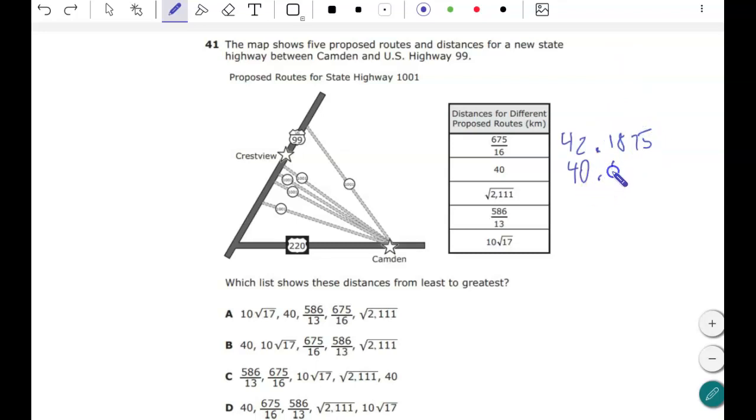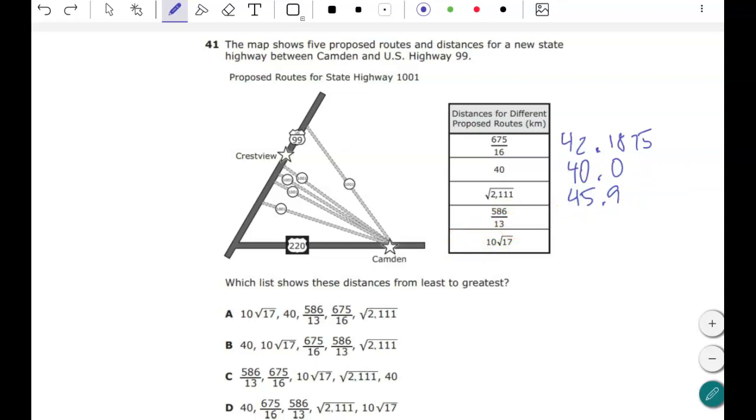So this would be like 0.0 here, obviously. So then we're going to do the square root of 2,111. So remember second x squared, 2,111. Square root is 45.94, blah, blah, blah.